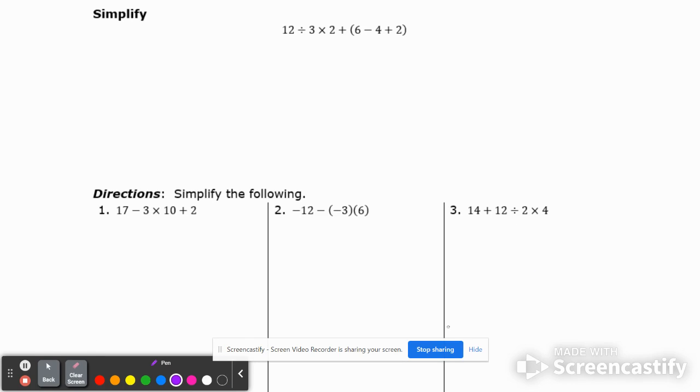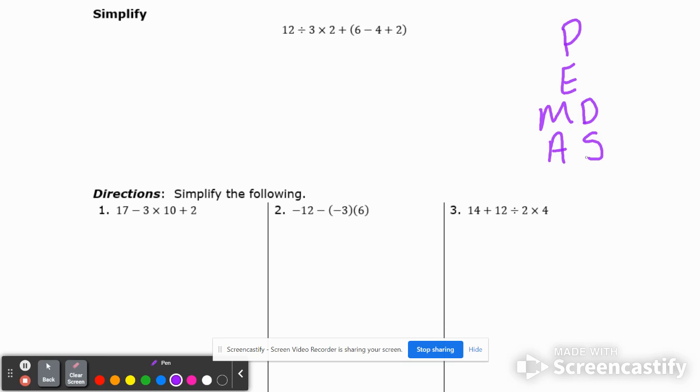We're going to start doing some examples using order of operations, and I'm going to do quite a few of these to get us in the hang of it. At any point, you can pause the video, work it out on your own, unpause it, and see if we get the same answer. What I'm going to do over to the side is write out my PEMDAS.